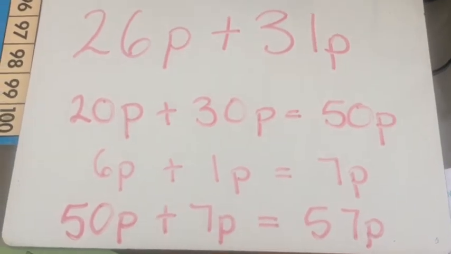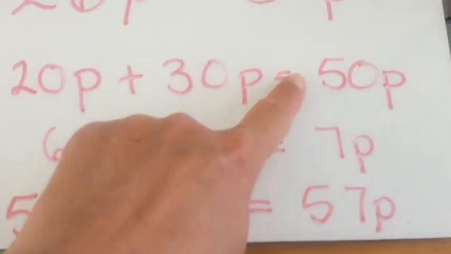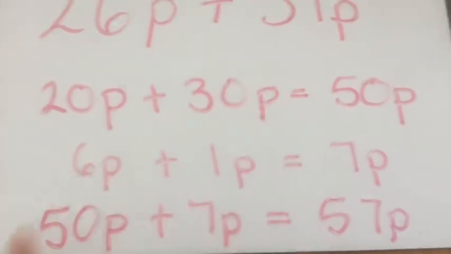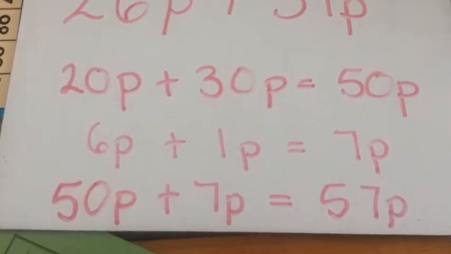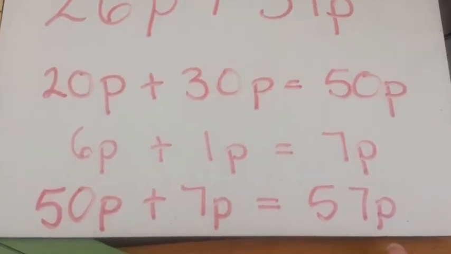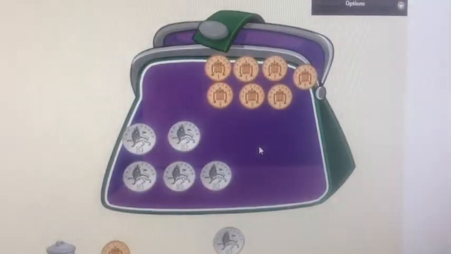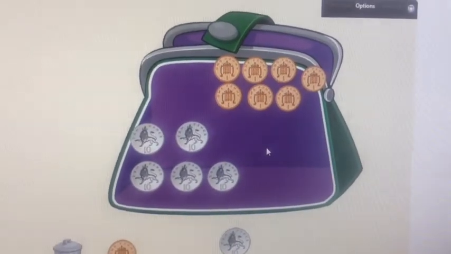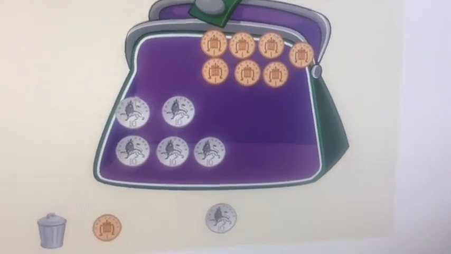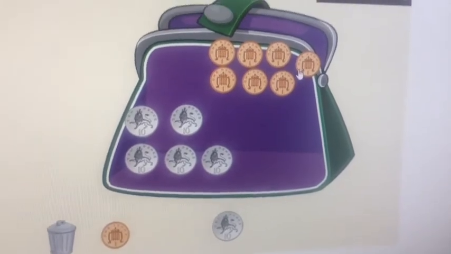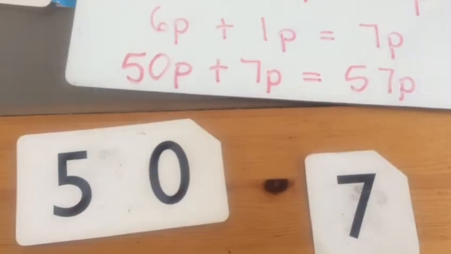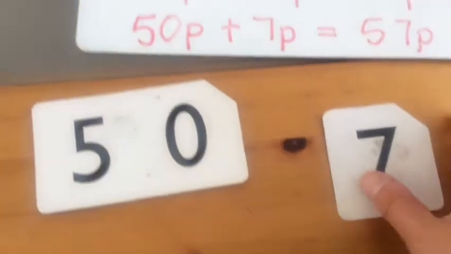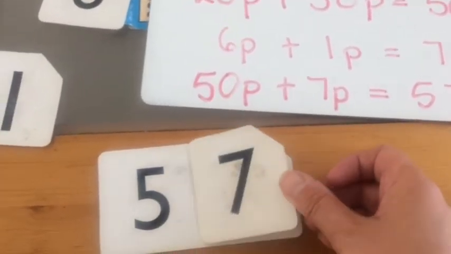You need to recombine those tens and those units. And that just means add them together again to give you your grand total. And that's another of our no workout sums, isn't it? Here's 50 and 7, 57.